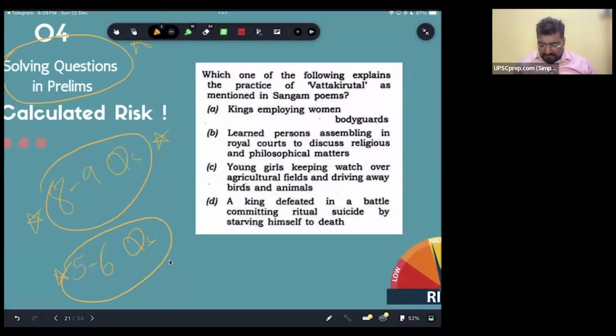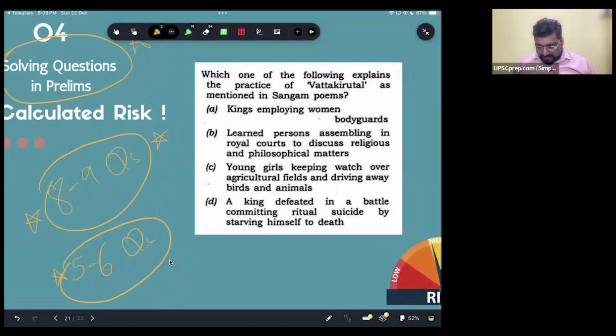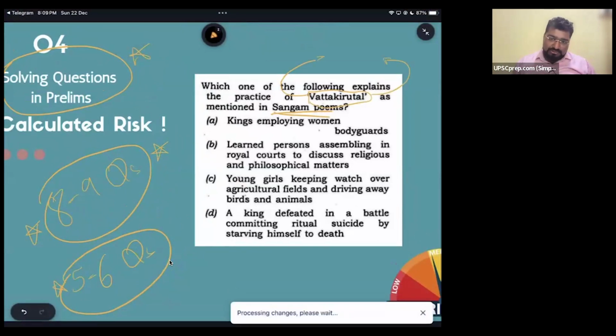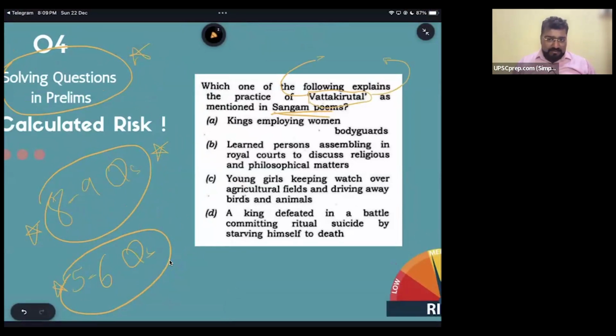See this question: which one of the following explains the practice of Vatta Kirutal as mentioned in Sangam poems? Now, when this question came, honestly speaking, I was also shocked with respect to the concept. I have referred to many books in my journey of preparation and in my journey of teaching, but I haven't seen this word. Such kind of questions will be there.